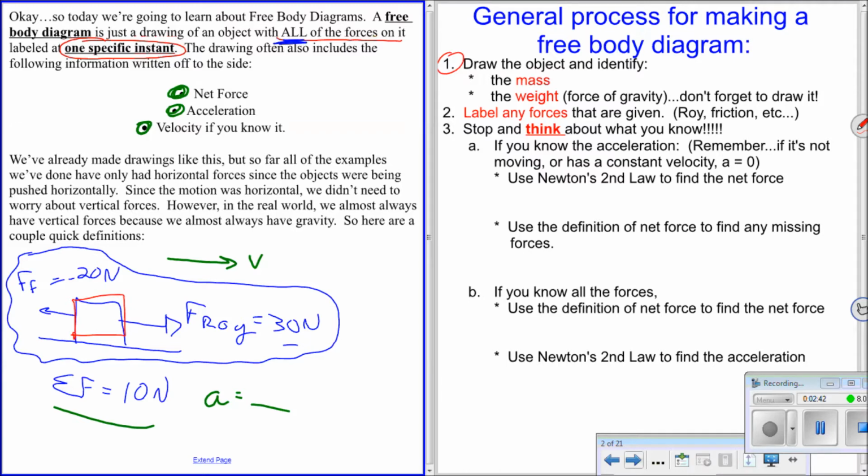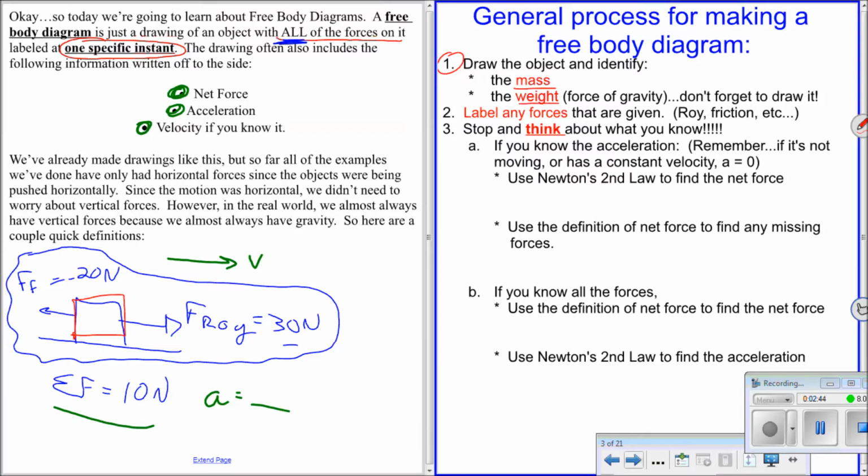In every problem, you'll be given either the mass or the weight, and we can use this equation to find whichever one we're missing. If we know the mass, you multiply by negative 10 to get the weight. If you know the weight, you divide by negative 10 to get the mass. So that's always going to be my first step: draw the object and then identify the mass and the weight.